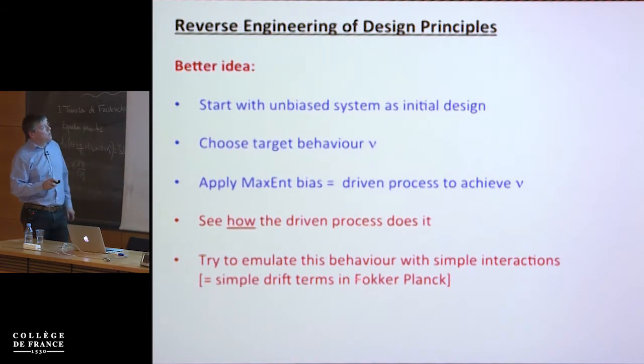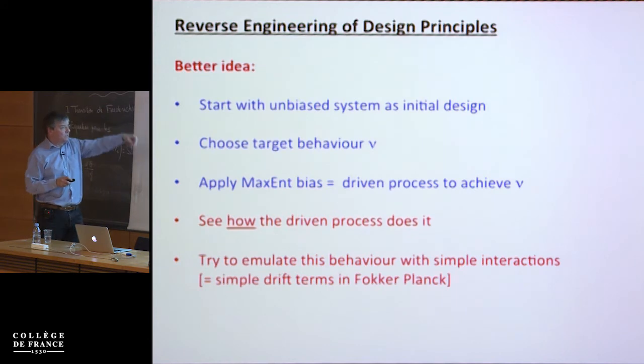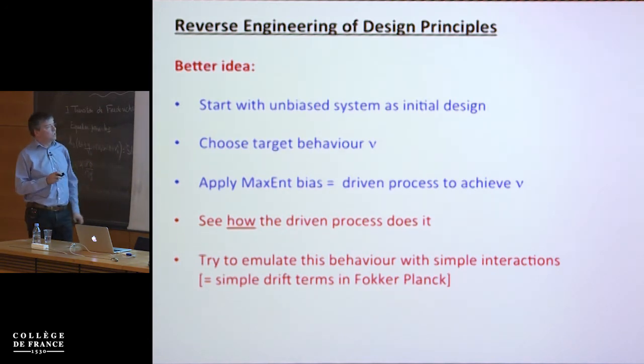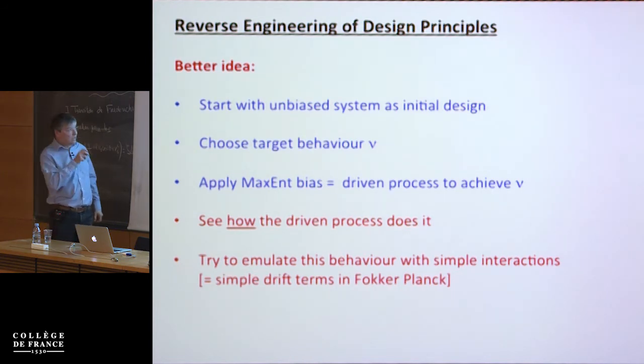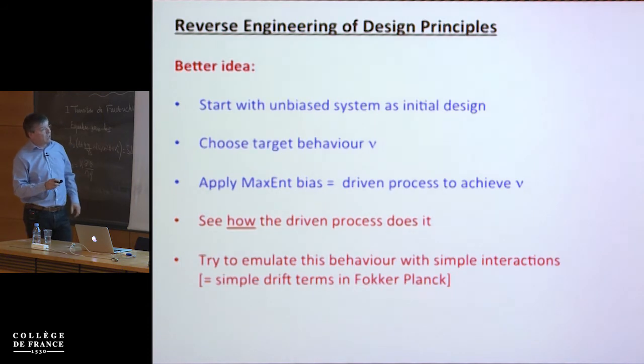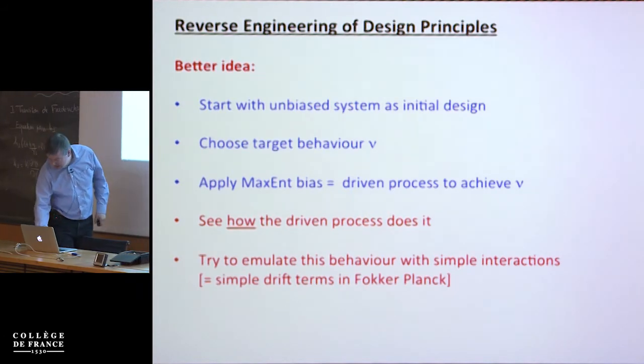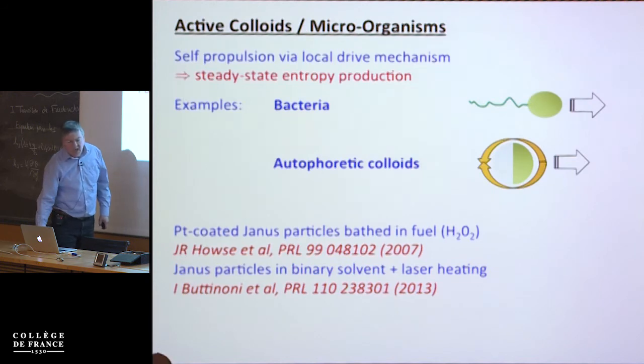So I can try to emulate the driven process, not by any kind of exact realization of it, but just to use it as a way of spotting strategies to achieve the target behavior by what are now essentially having simple interactions, which are the same as putting simple rather than arbitrarily complicated drift terms into the Fokker-Planck equations of motion.